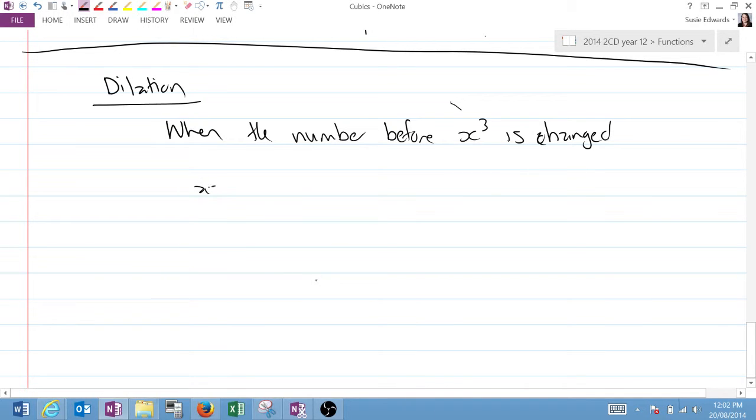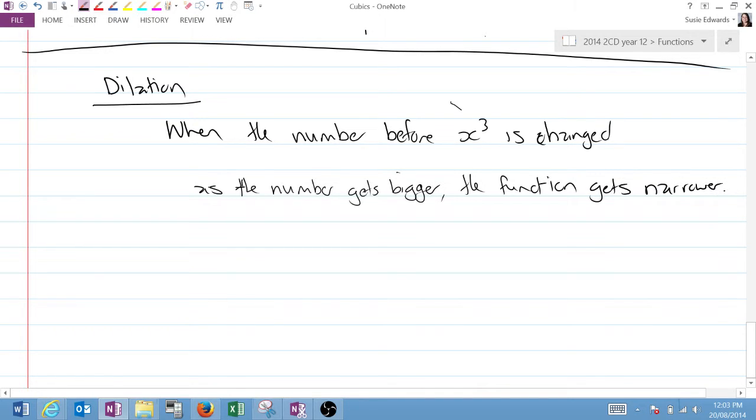As the number gets bigger, the function gets narrower. As the number gets smaller, so in terms of decimals, the function gets wider.